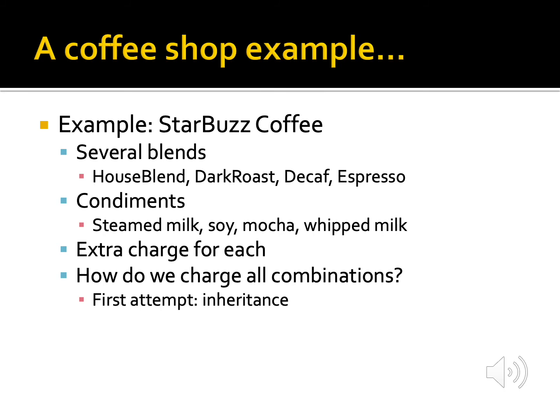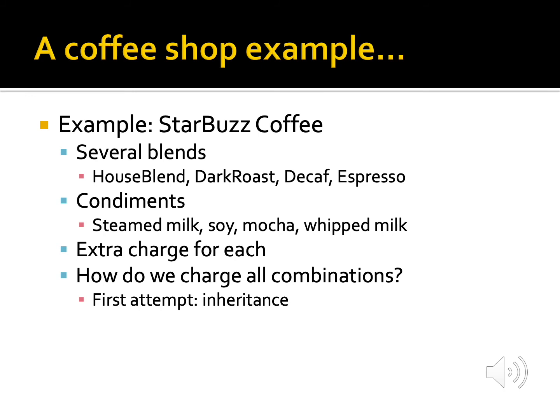For example, a coffee shop offers Starbucks coffee, which is a very famous brand, and the coffee has several blends to offer. The first is house blend, second is dark roast, third is decaf, and espresso. So basically, coffee is of four types that the client can request, and combinations of extra toppings or condiments are also given to the client, which are actually optional.